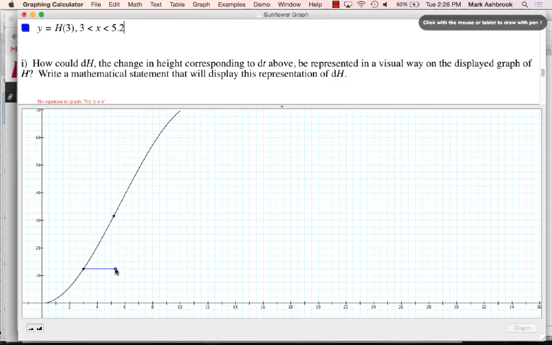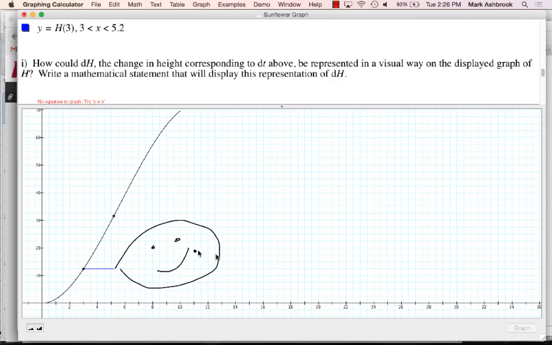Like this. Does that show the corresponding change in height? What would I do to show the corresponding change in height?